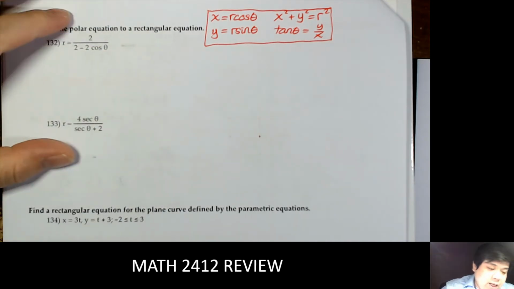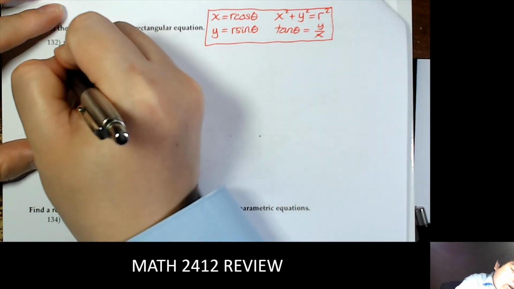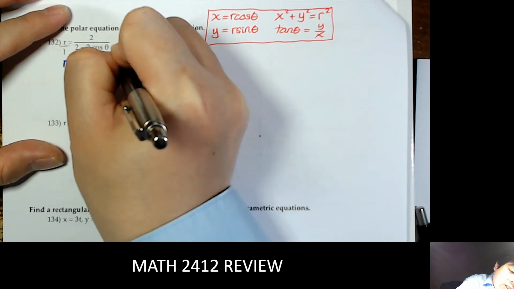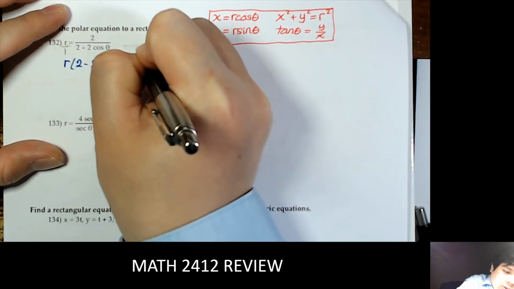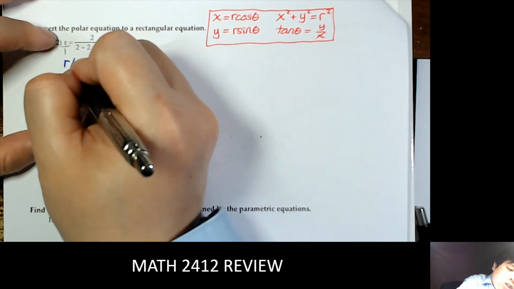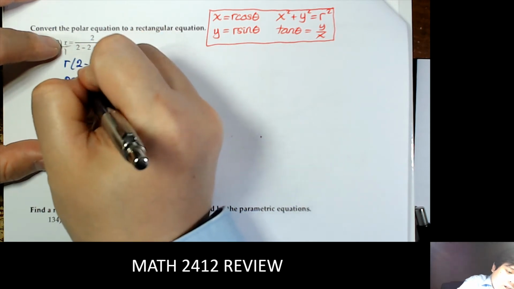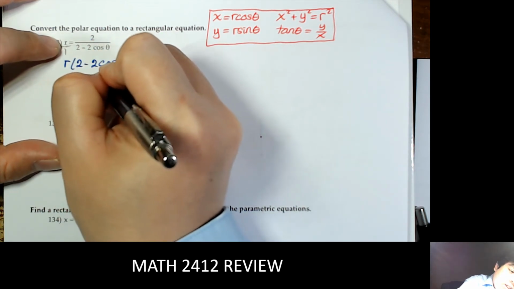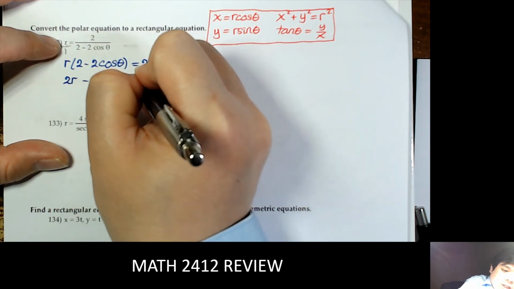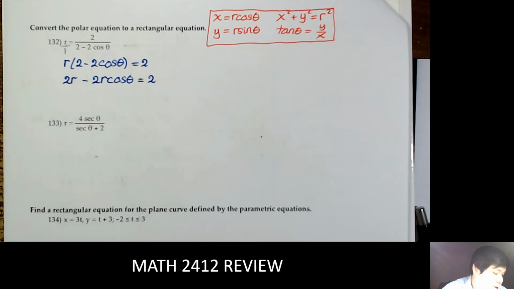Right. Now, first thing, why don't we cross multiply, and we have r times 2 minus 2 cosine theta equal to 2. That gives us 2r minus 2r cosine theta equal to 2.